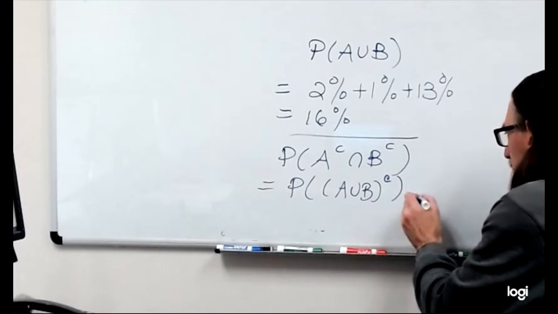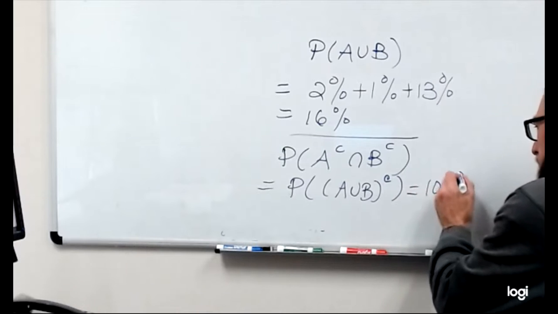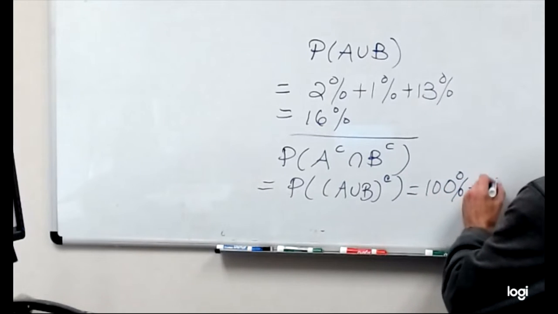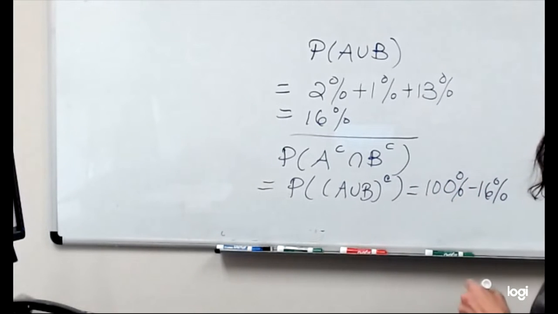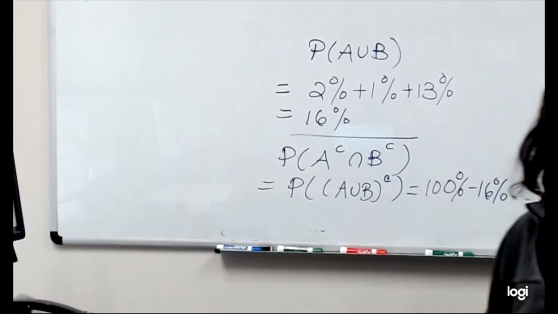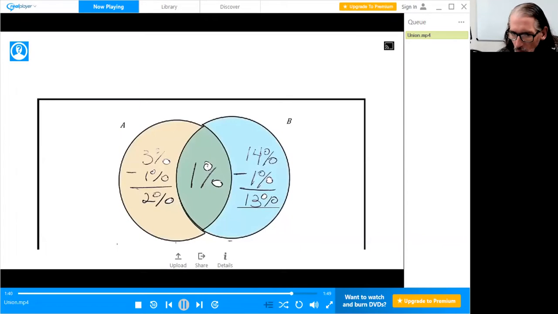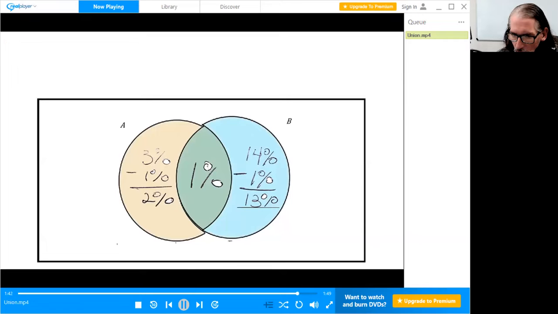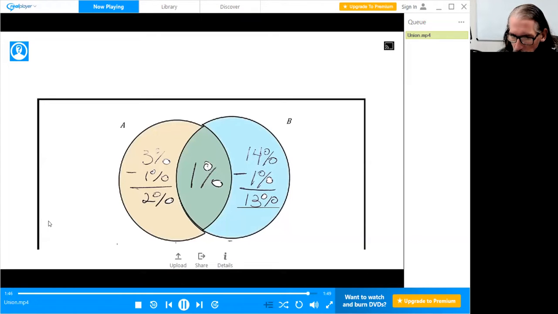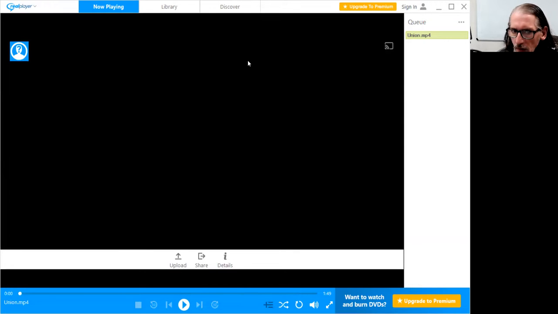And so the probability outside any part of any circle there, we should see 84% showing up in just a moment. So let's go back to that, see if I included that. There it is.